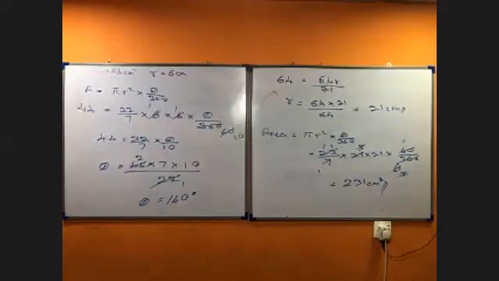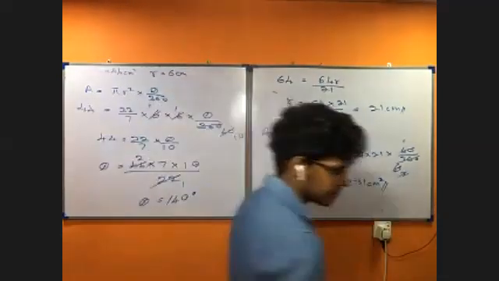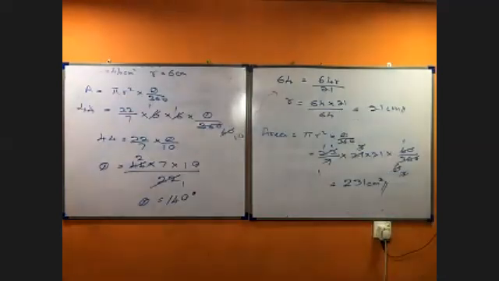Okay, question number 6, the prism question. Did you find the answers? I think it's easy. Okay, we have 10 centimeters and 132 centimeters squared.